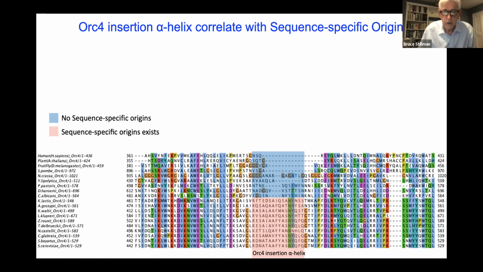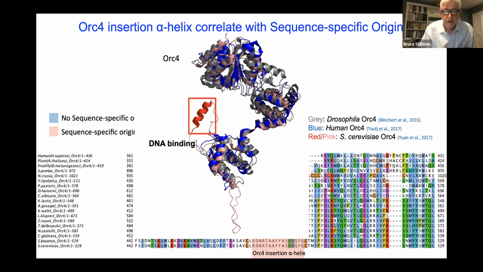And the reason why this was important is the comparative structures of ORC on DNA from Drosophila, from the Berger and Botchan laboratories, and also ORC on DNA from the collaboration we had with Leemor Joshua-Tor, showed the following: that ORC4 structure is almost identical, not quite, but almost identical between Drosophila in gray, human in blue, and cerevisiae in pink, except for these two regions, this one here and this one here, which is the alpha helix that sits in that major groove, and as you'll see, forms base-specific interactions with the DNA.